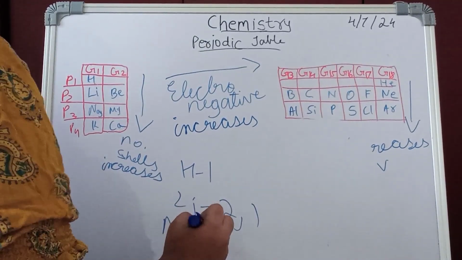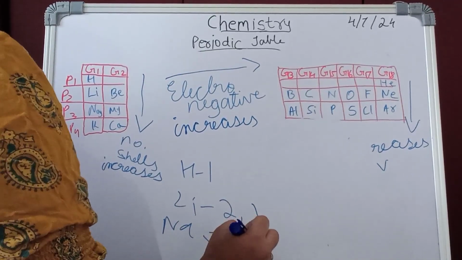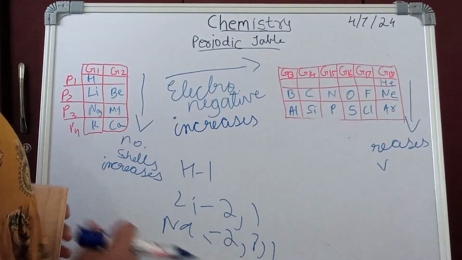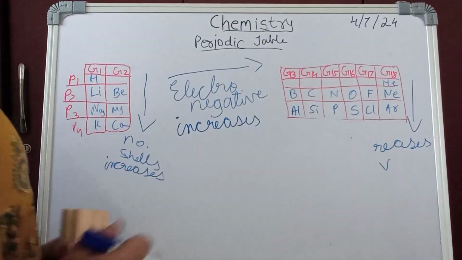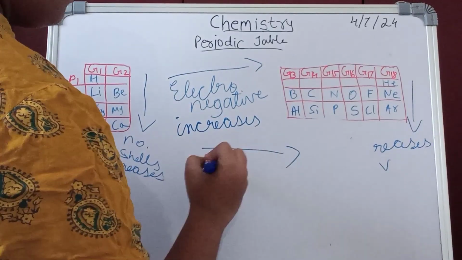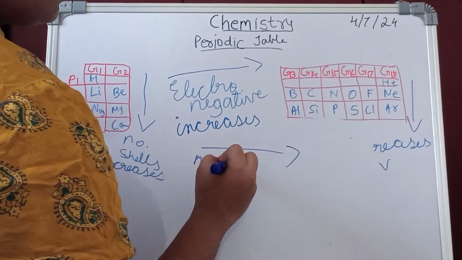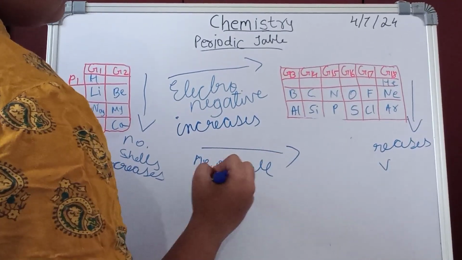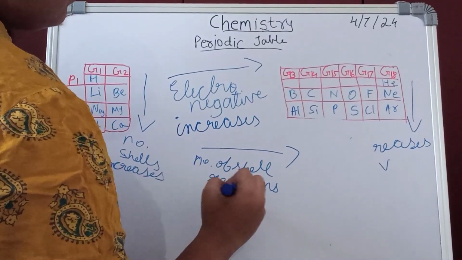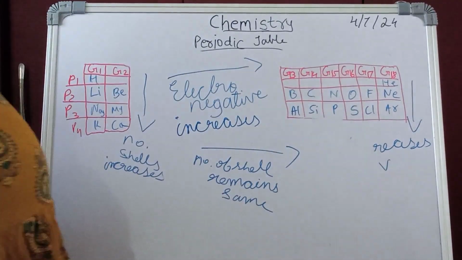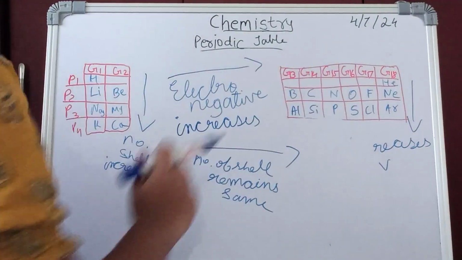For sodium, 3 shells. So number of shells increases from top to bottom. But what about left to right? Left to right, number of shells remains the same.